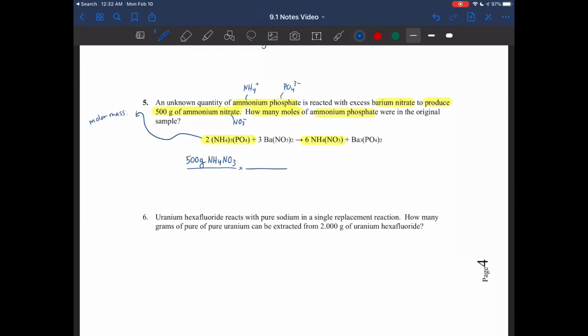So the molar mass of our NH4NO3. Just count up the number of N's. Looks like there's 2 N's. There's 4 H's and 3 O's.